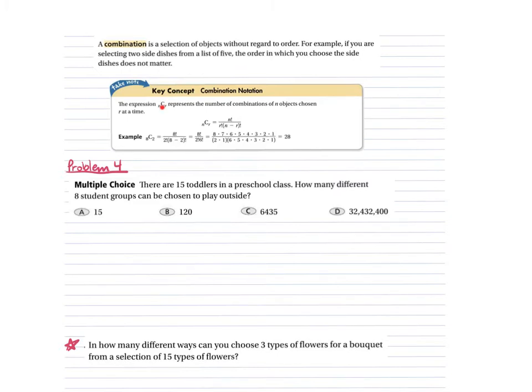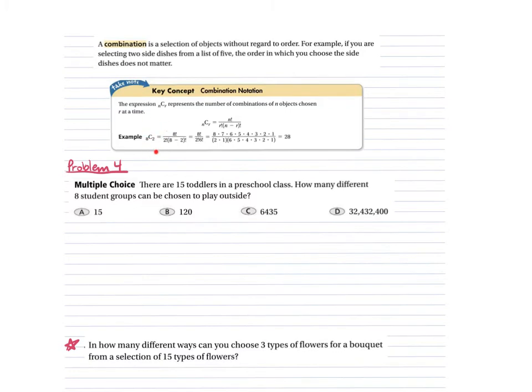Instead of a P, it's a C, and it's n objects chosen r at a time, so it's still the same n and r, it's just that the order doesn't matter. And so that formula is n factorial divided by r factorial times (n minus r) factorial. So you have to do the (n minus r) factorial and then multiply it by the r factorial and then divide it into n factorial. So it's a little bit more complicated.